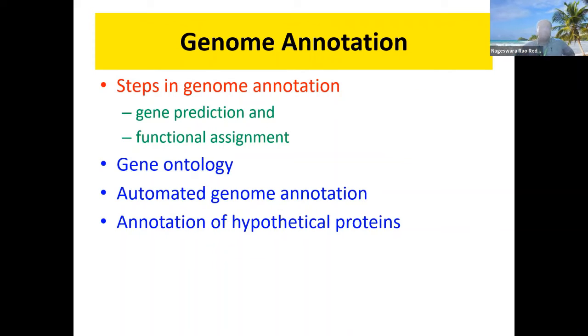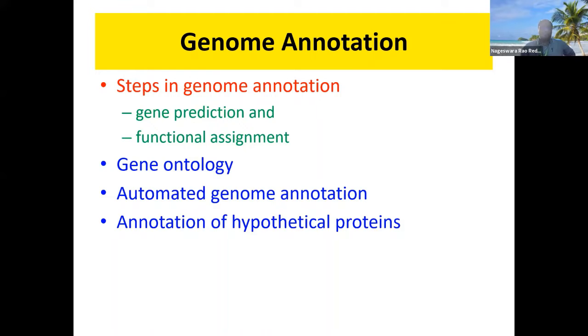And the last aspect we have learned in this whole first unit is nothing but genome annotation. And you have seen that we have two steps in genome annotation. First step is predicting the gene, and second step is assigning a function to that gene. And not only this, we also identify the other elements and also assign functions for other elements. This is what we have done manually in genome annotation.